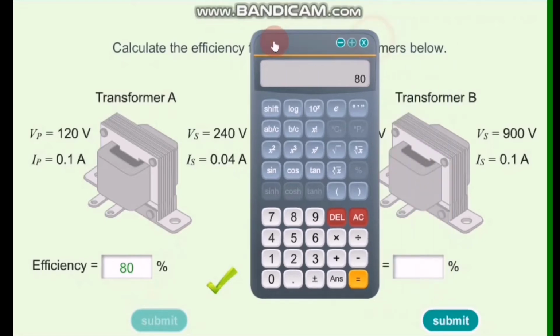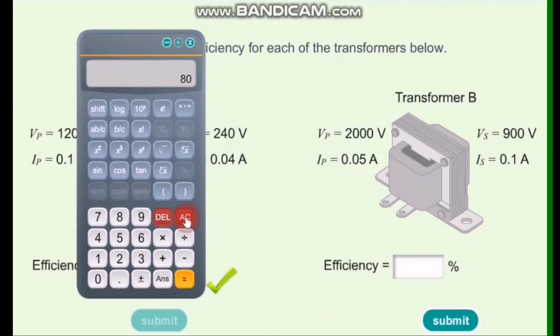Alright, and now let's take a look at transformer B. So the output power for transformer B is given by Vs, which is 900, multiplied by Is, which is 0.1, divided by the input power given by Vp, 2000, multiplied by Ip, 0.05, and multiply with the percentage 100.